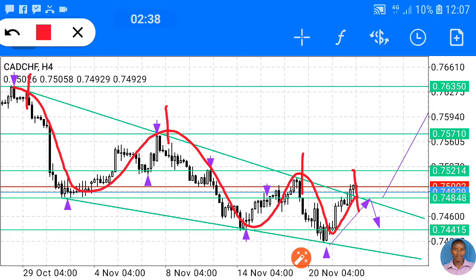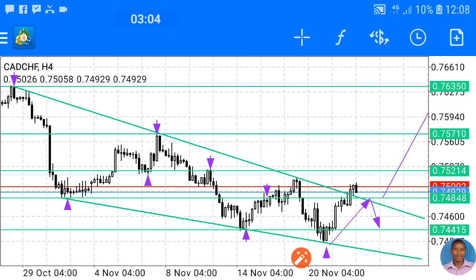So the gaps between the boundaries are getting smaller and smaller, which would mean that the price is being pressured inside the wedge. So anytime the price breaks, we then look for a new direction which the price will take.